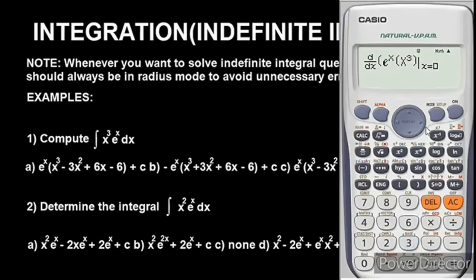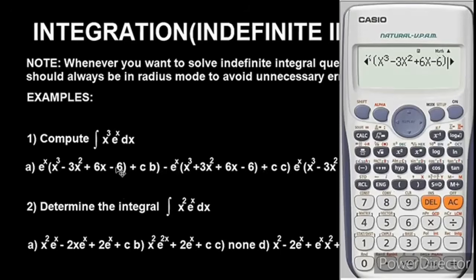You come down, minus 3x, alpha x, raised to power 2, plus 6x, alpha x, minus 6.